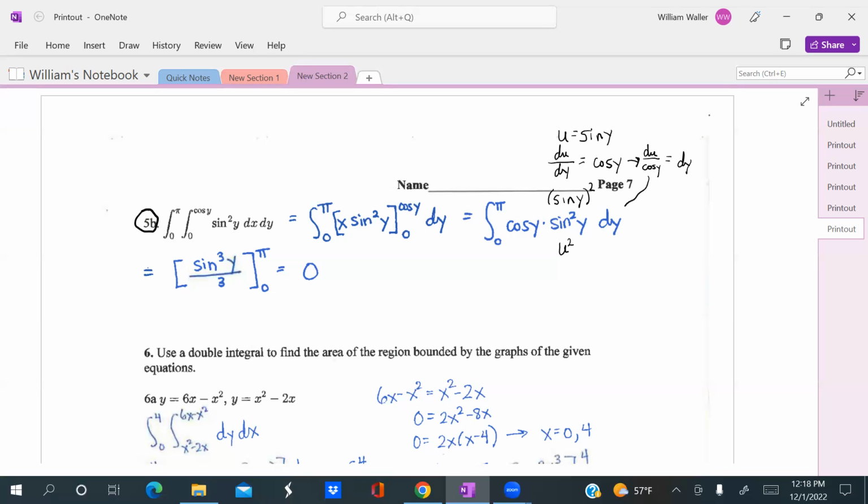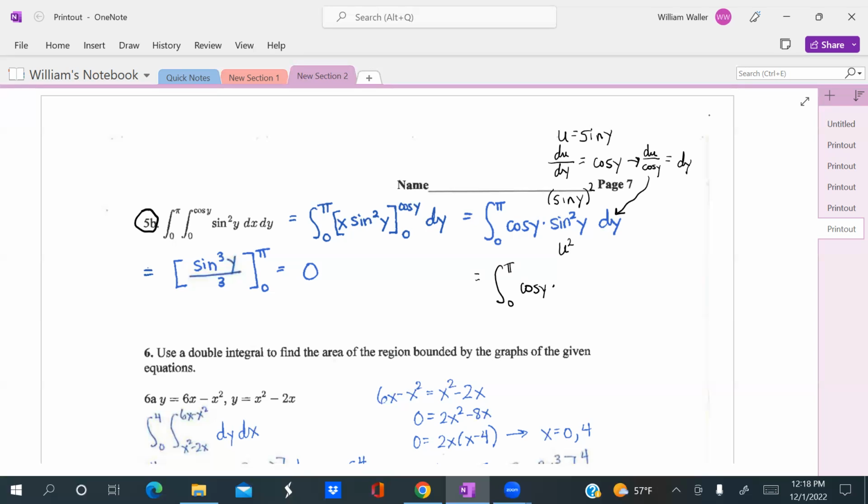So this is what you're going to substitute for dy. That turns out to be a really convenient substitution because you get what?